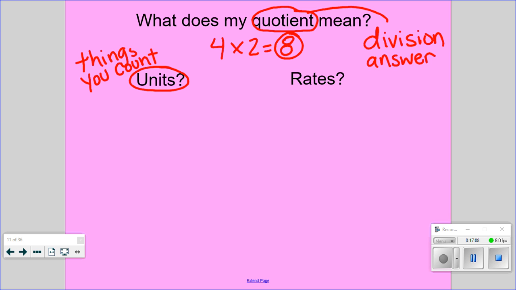We've been working with units. Every single multiplication problem we've done, when you write that answer sentence and I ask you, what are you counting? You're telling me a unit. So are you counting socks? Are you counting bones? Are you counting puppies? Those are units, the thing that you are counting. Every single answer sentence you have written has a unit.